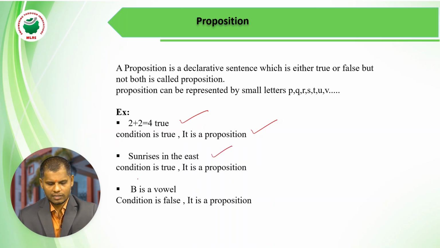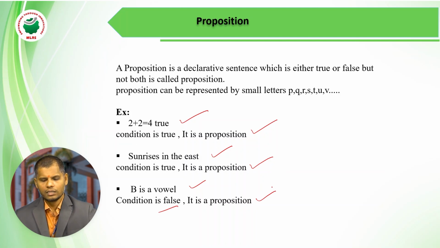This condition is true, so it is a proposition statement. Next example: B is an oval. This condition is false, but it is also a proposition statement. Why? Because it is either true or false. That's why we call it a proposition statement.